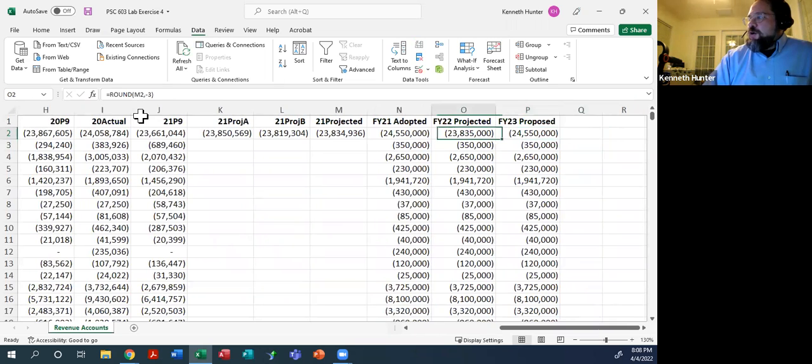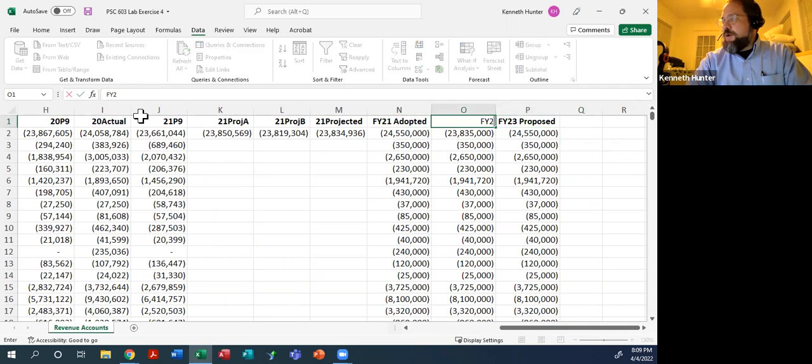Now I have my proposed for next year, and you can see that there's a difference, because all I've done is fill in the proposed with the adopted for the current year. And this should say FY21 projected, sorry, FY22 proposed.